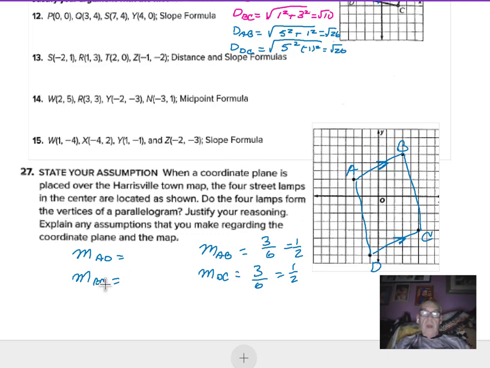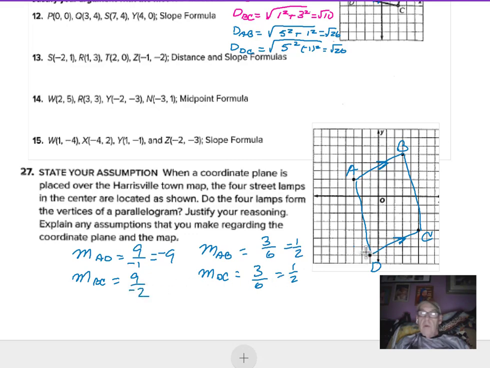Now let's do the same thing for AD. If we look at the y's, 1, 2, 3, 4, 5, 6, 7, 8, difference of 9. Difference of the x's is back 1. So we have 9 over -1, which is a -9 slope. And from B to C, we've got 1, 2, 3, 4, 5, 6, 7, 8, 9 for the y's, and we're back 1, 2 for the x's.